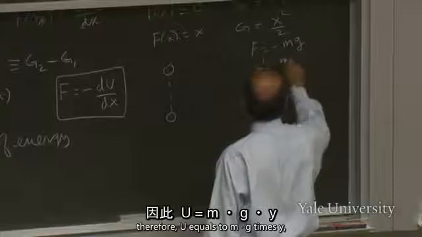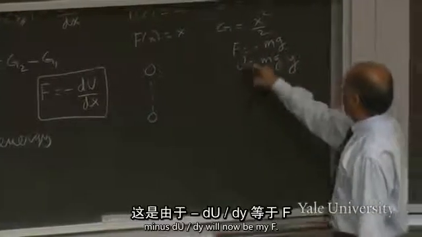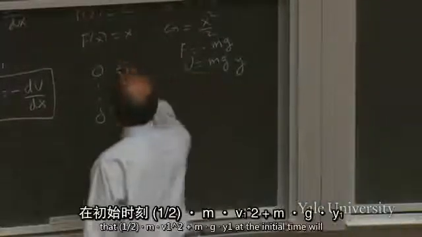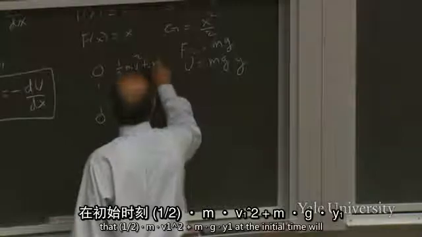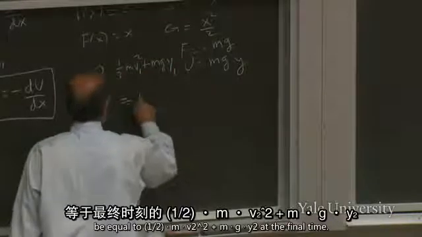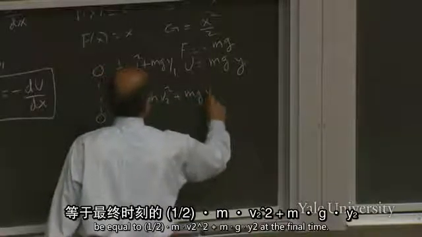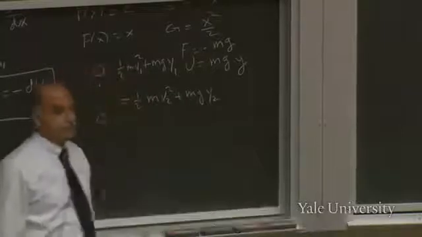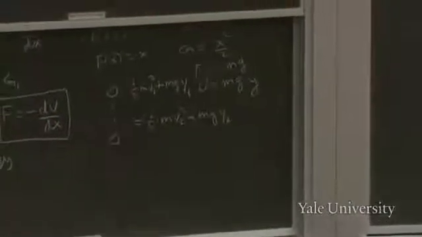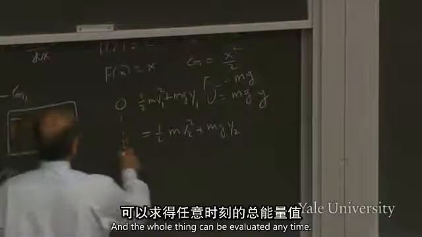Therefore, u is equal to mg times y, because minus du dy will now be my F. Then we may conclude that 1/2 mv1 squared plus mg y1 at the initial time will be equal to 1/2 mv2 squared plus mg y2 at the final time. And the whole thing can be evaluated at any time.